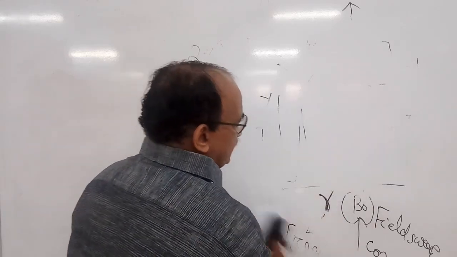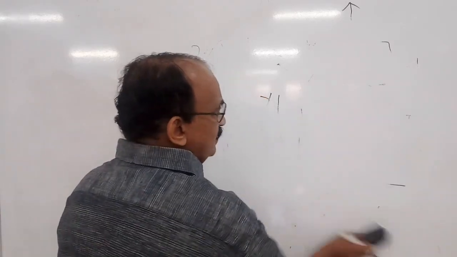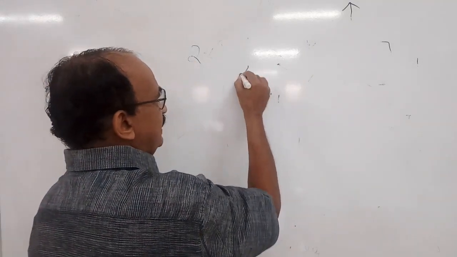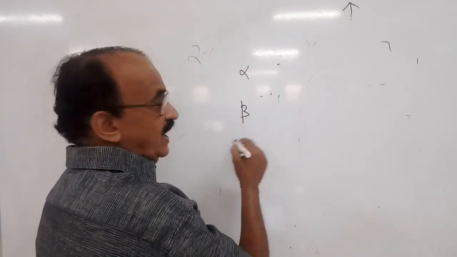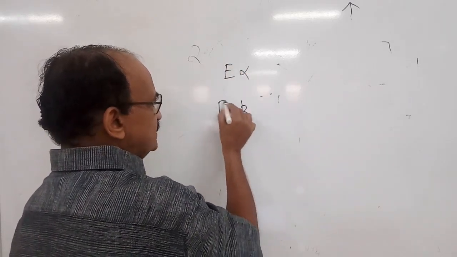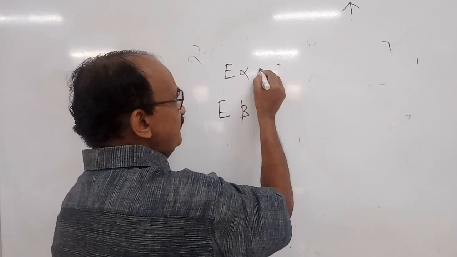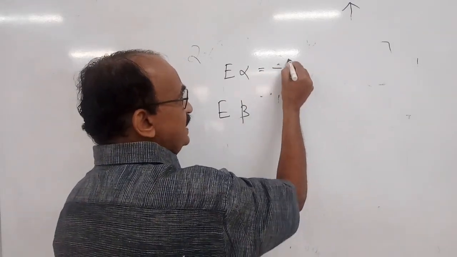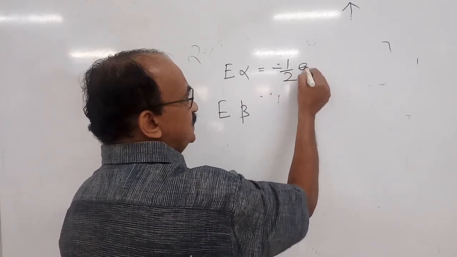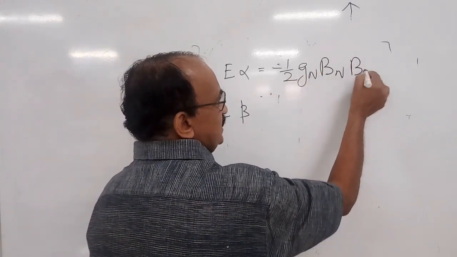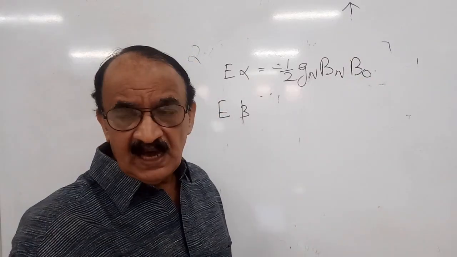And we know there are two levels in the proton, in a magnetic proton. The two levels are the alpha level and also the beta level. The energy of the alpha level is E alpha, the energy of the beta level is E beta. And the energy of the E alpha level is equal to minus half Gn Bn B0. This is the energy of the lower level, the alpha level.